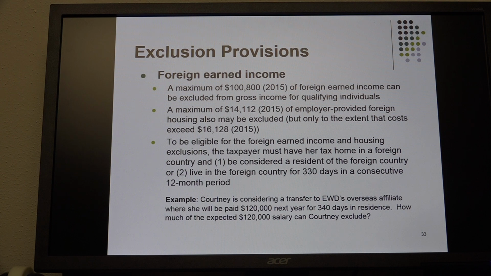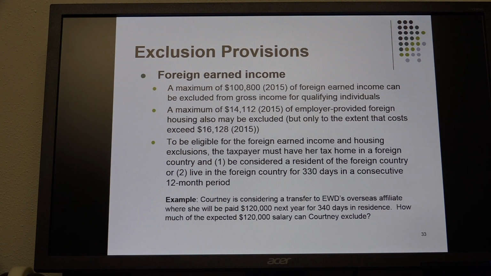Essentially, if you have an individual who is earning income in a different country, these are called expats or expatriates. This is, for some firms, a pretty big deal.